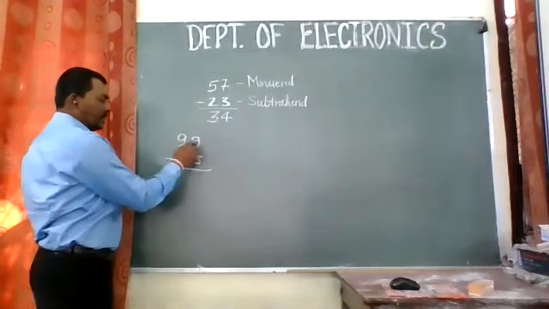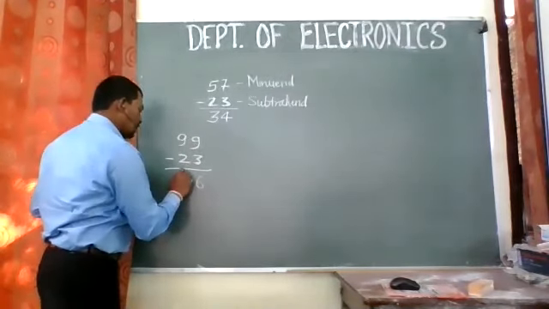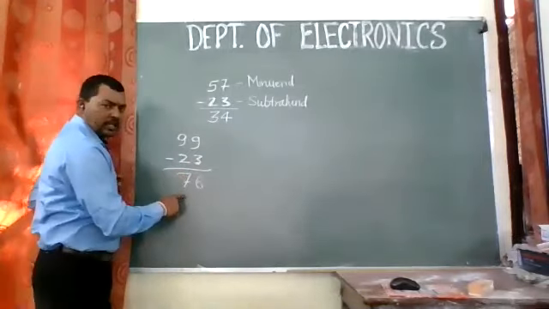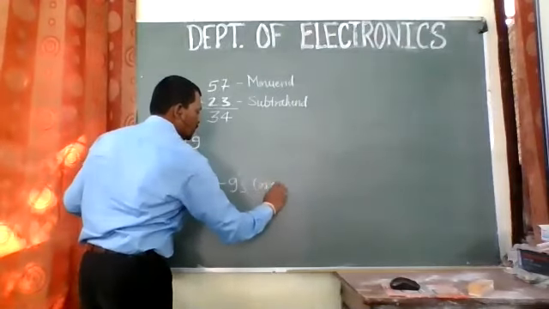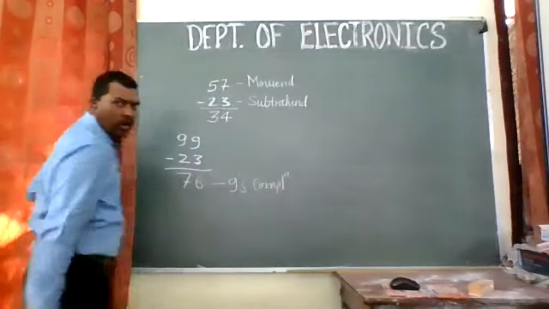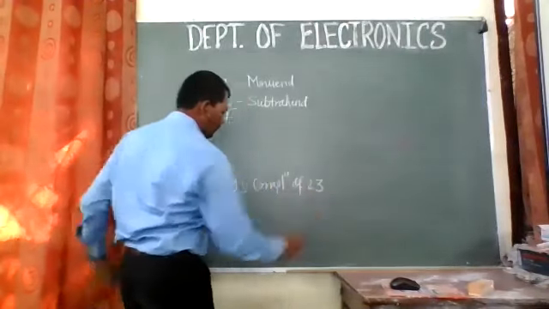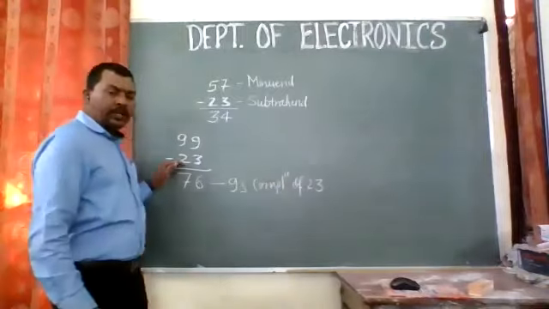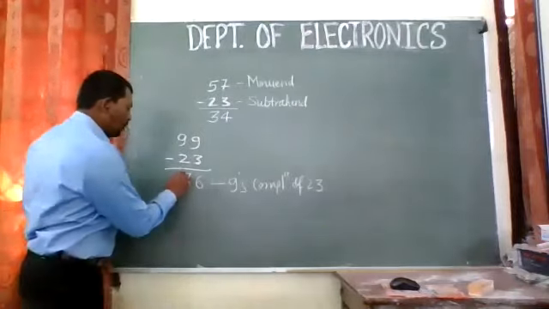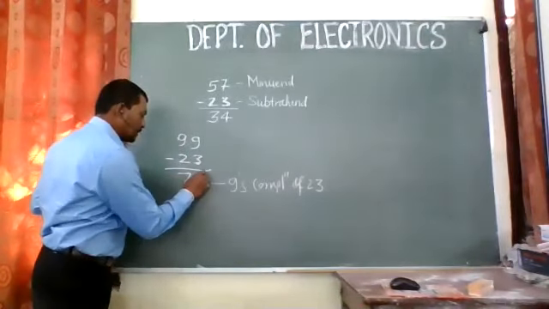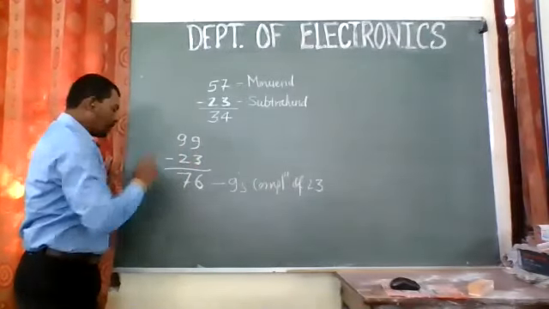So 99 minus 23 will give you 76. So 76 is the nines complement of 23.